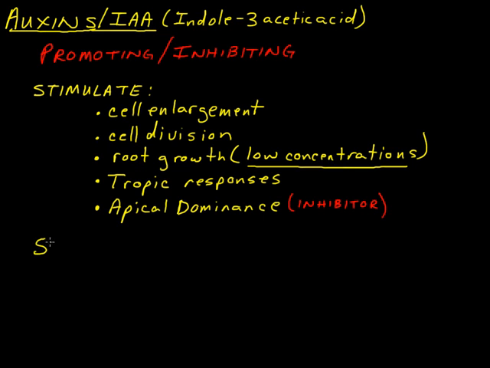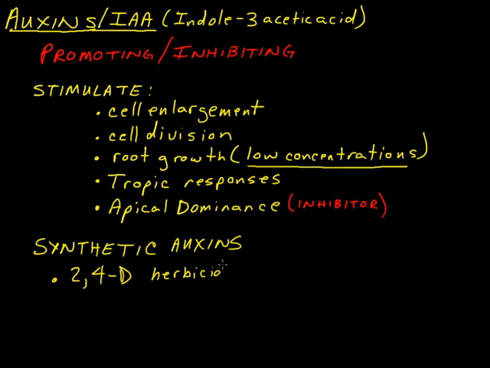There are several synthetic versions of auxins available, and they're in wide use in agriculture. The most widely used is a chemical called 2,4-D, and 2,4-D is used as a herbicide. Basically, it's a high concentration of auxin, to the point that it stimulates excessive growth.